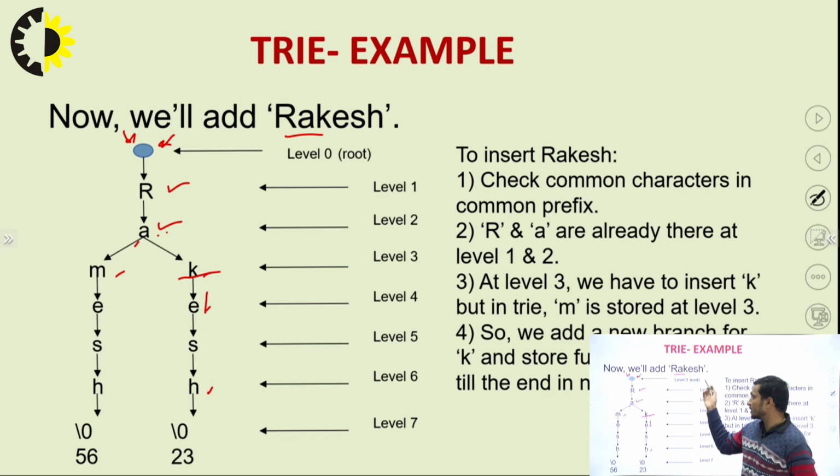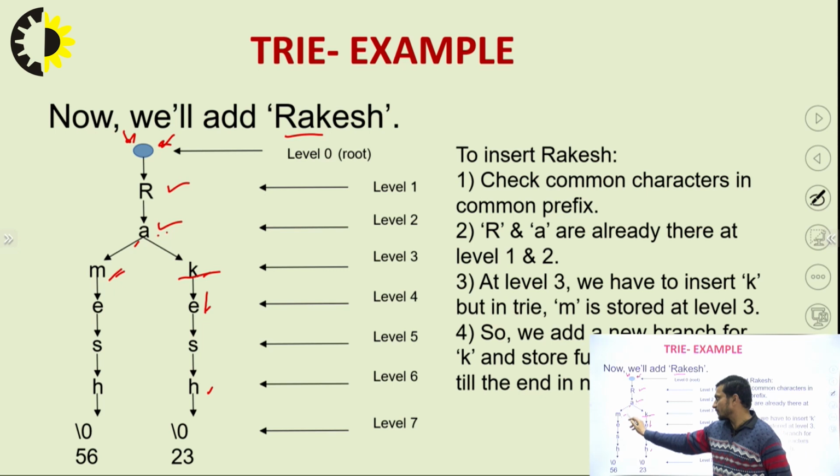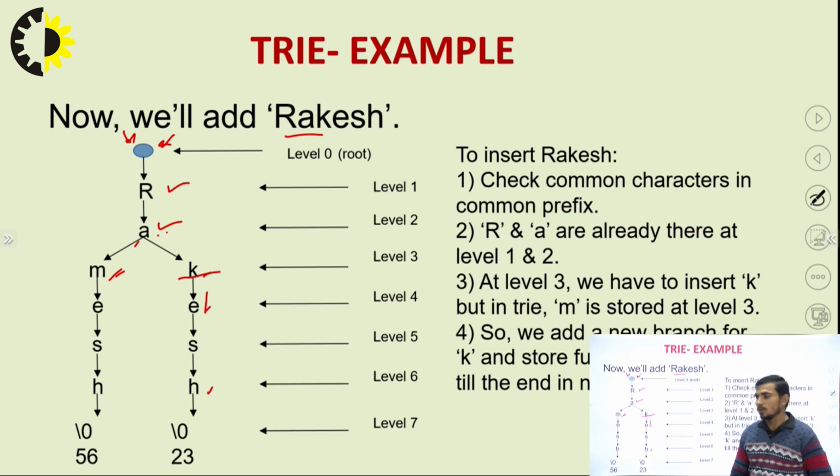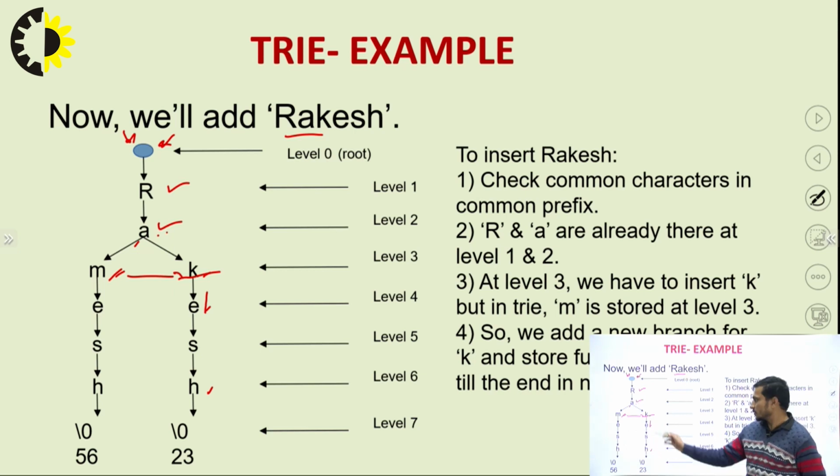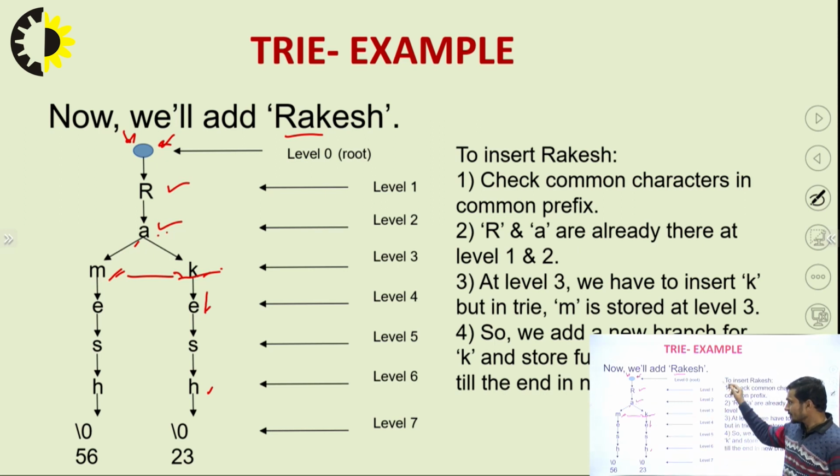Let's say we are searching for Rakesh, then first we will check this. Is it equal to K? No, it is not, so we will switch to this K, and we find that this is equal to K, and then we will proceed. So each node is available at a different level, and those levels are defined as per their depth.